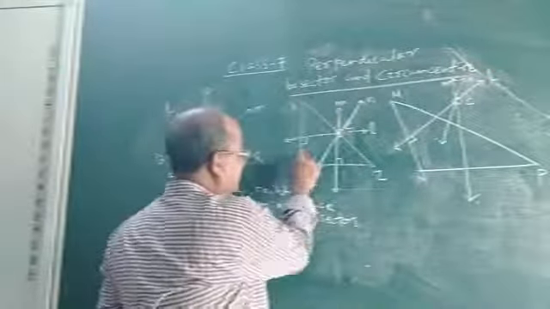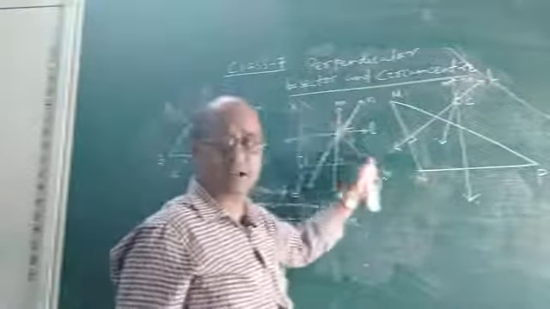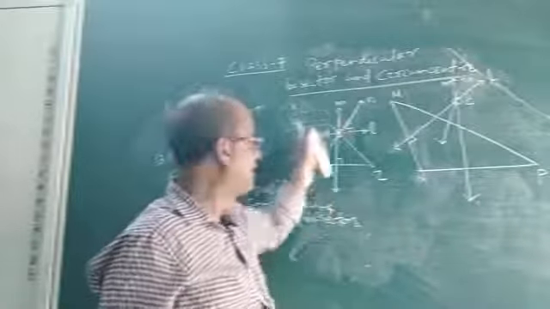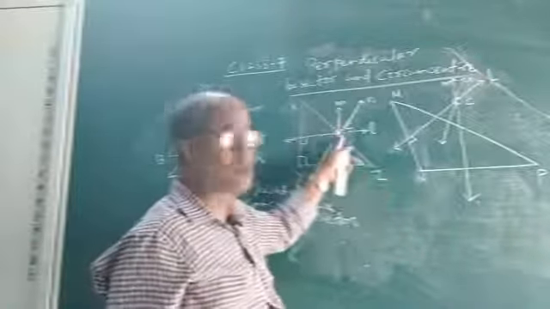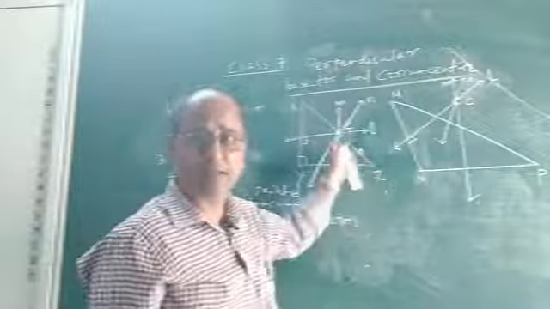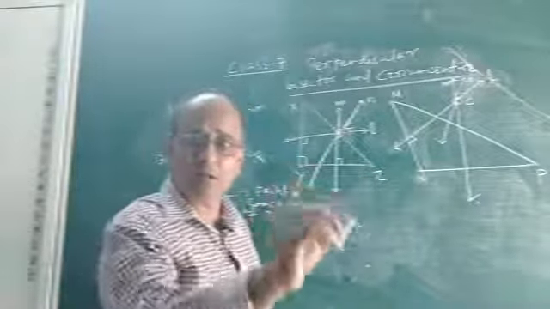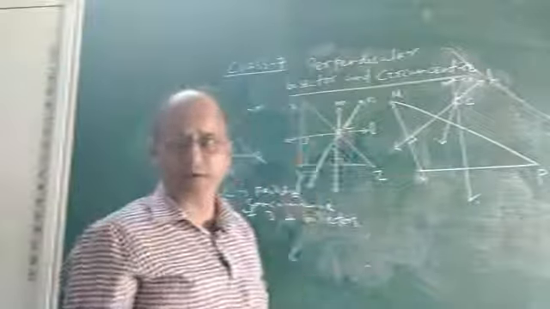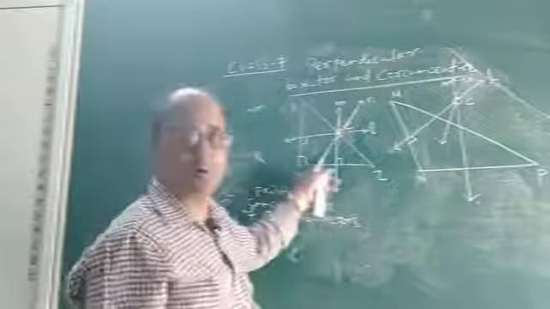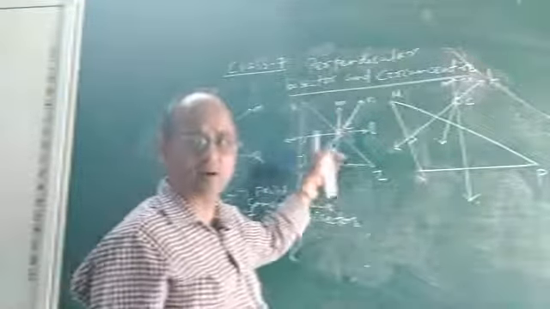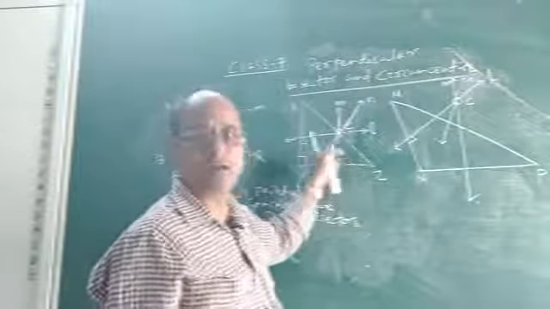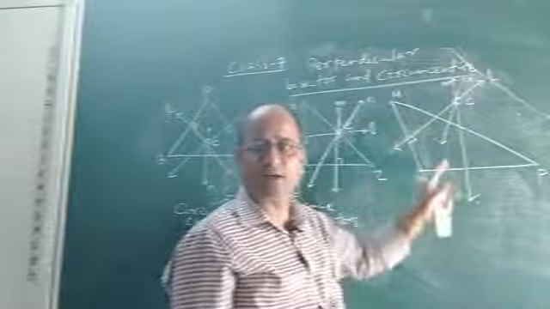This is 90 degree. It is the side opposite to the right angle, and so it is the hypotenuse. So the position of the circumcenter in case of right angle triangle will be on the hypotenuse of the right triangle. Okay. So this is about the circumcenter of your right angle triangle. Now let us consider an obtuse triangle.